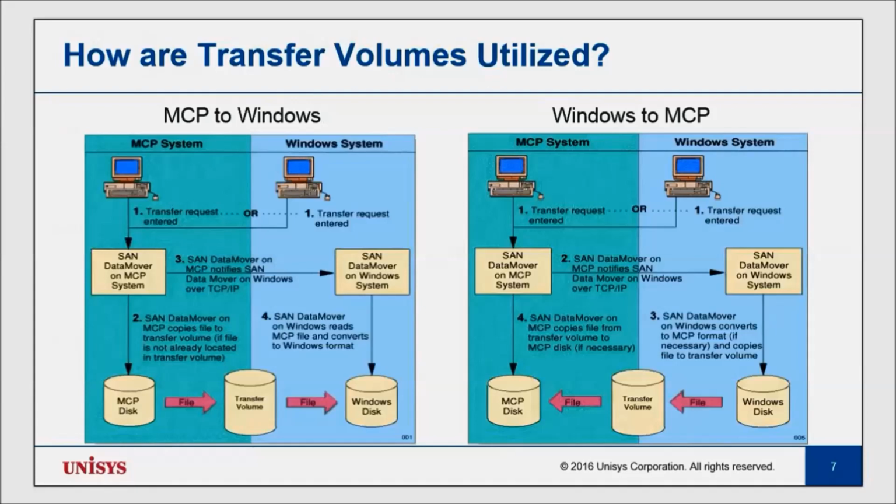The main takeaway here is that smack in the middle of the two different colors, you'll see a cylindrical graphic. That is the transfer volume. What you need to take away is that the transfer volume bridges the gap between the MCP and Windows environments.